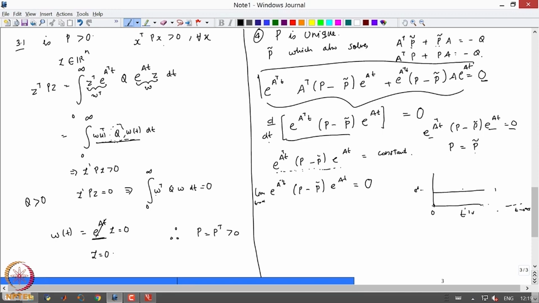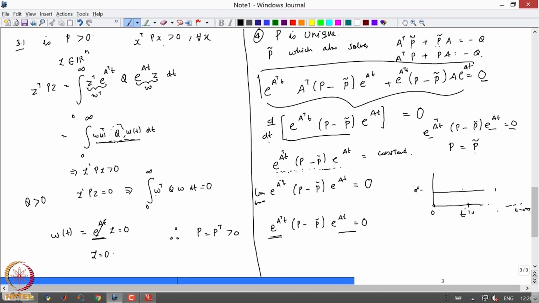If it is a constant valued function, then the same value should also hold at t equal to 0, at t equal to 10, and so on. Therefore this matrix by itself is 0, again because the system is exponentially stable. I started with that assumption, let the system be exponentially stable, and then I proved condition number 4.